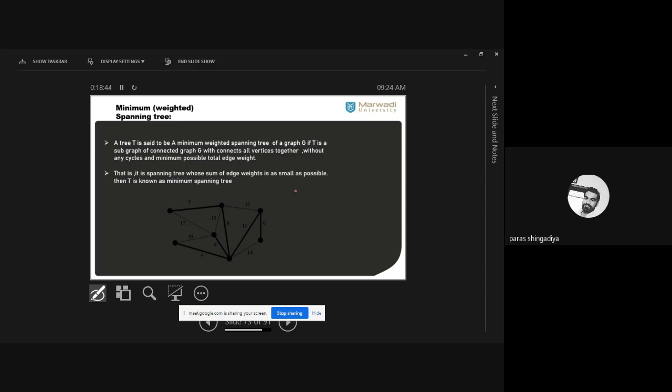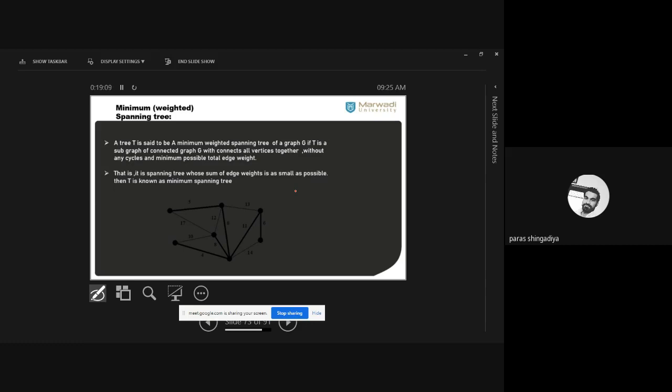We consider such edges in the spanning tree whose weight is minimum, and therefore we'll get the total is also minimum. So here we consider minimum possible total edge weight, and that is a spanning tree whose sum of edge weights is as small as possible. And then T is known as the minimum weighted spanning tree.